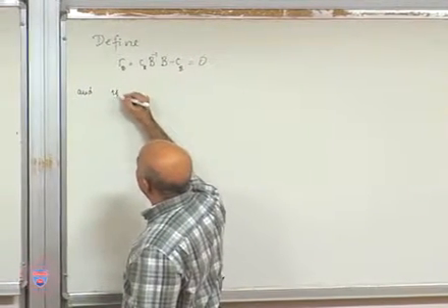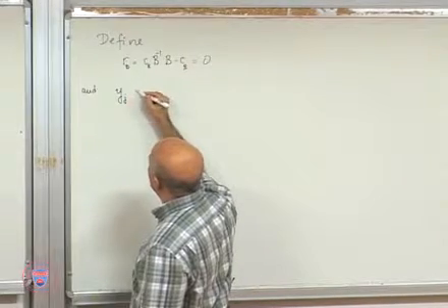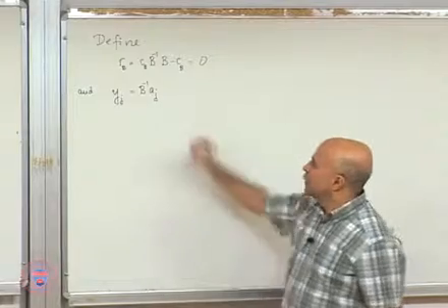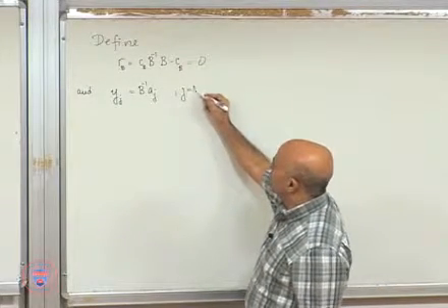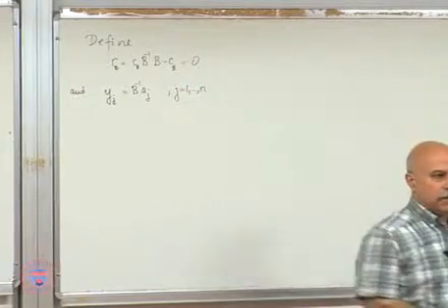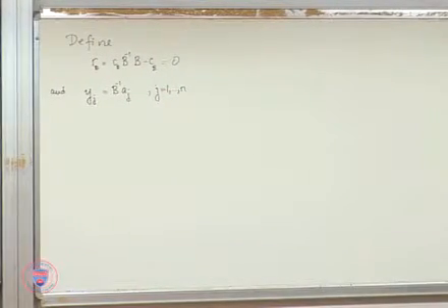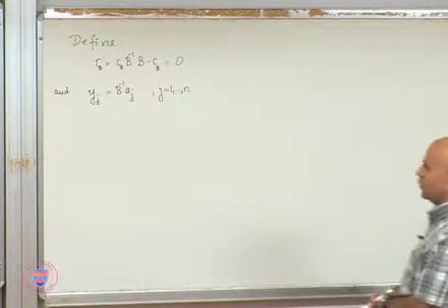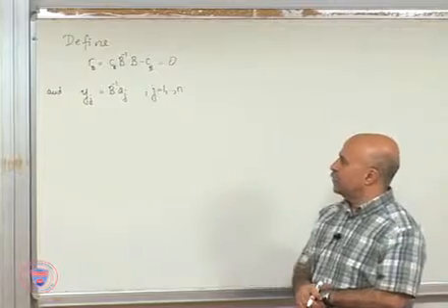And let's also define the vector yj in the form B inverse aj for every variable. Assuming that there are n variables, you have a definition for each variable j. Yj is B inverse times the original column aj of the A matrix.